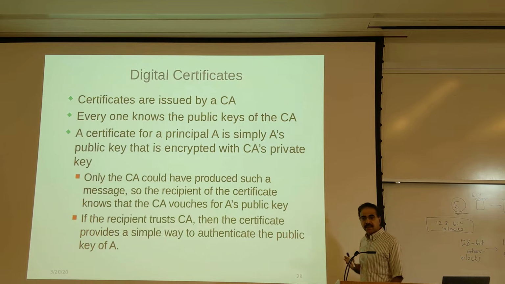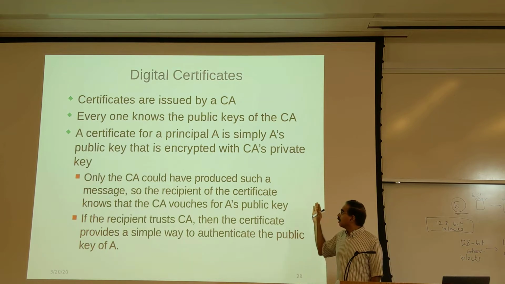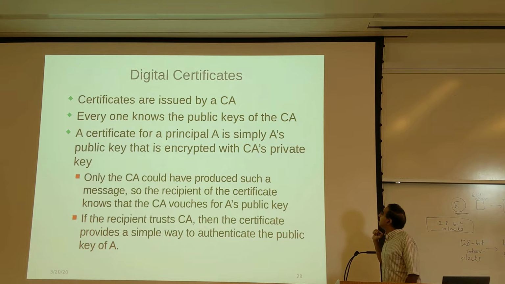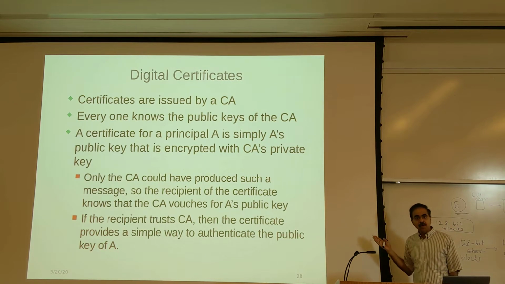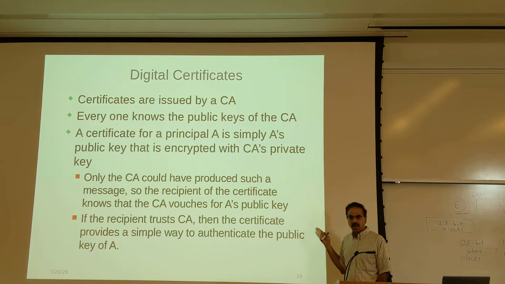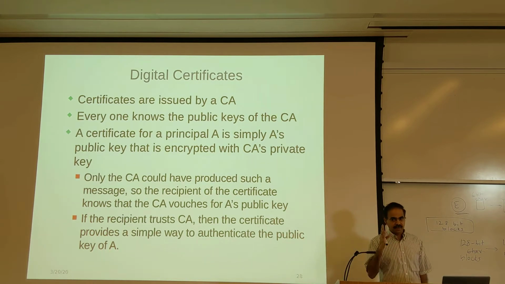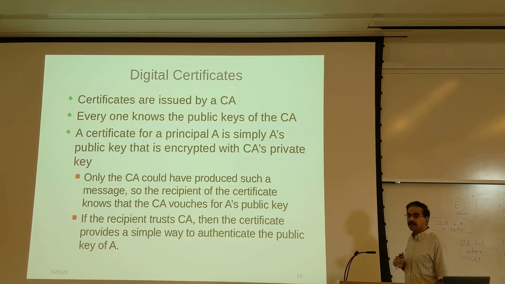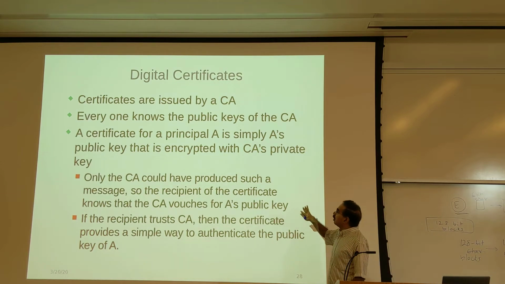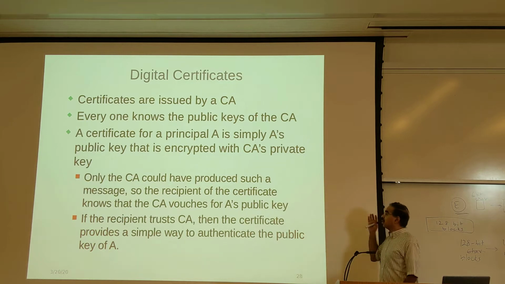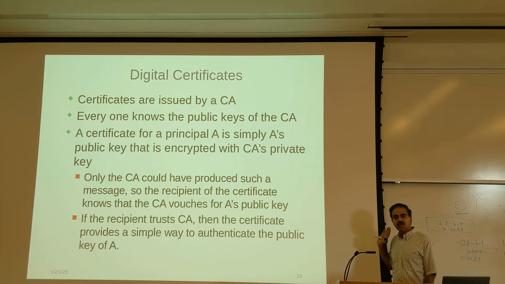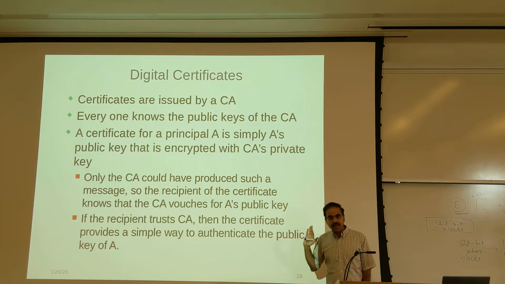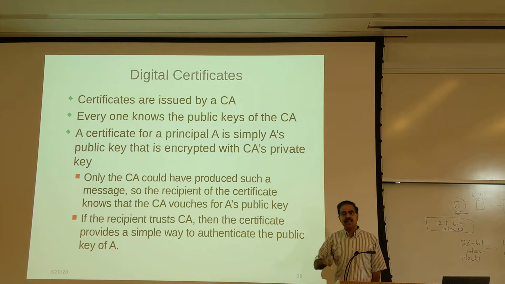So as a practical matter, how does this work? The CA's public key will be hard coded into your browser's code, or into your operating system's code, right? So this is how, in practice, the notion of already knowing the public key works. Now that you know the CA's public key, the CA can give you Alice's public key by essentially taking Alice's public key, signing it with the CA's signature, right?